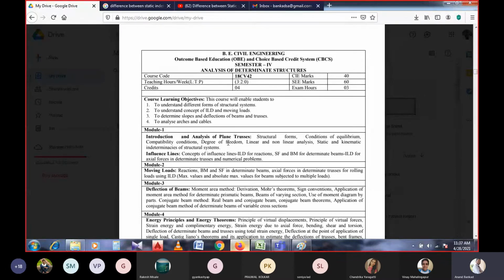The questions will ask to calculate the static and kinematic indeterminacy for the kinds of supports and structures provided in the question papers. That is, around 2 to 5 structures will be given, and you will be asked to calculate the static and kinematic indeterminacies.